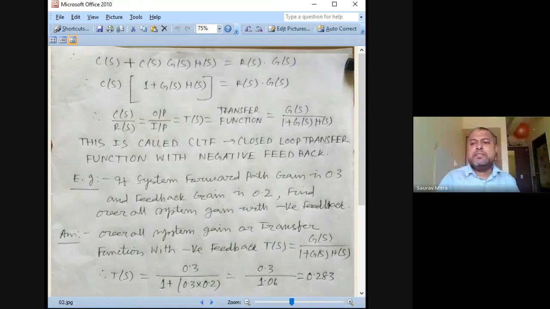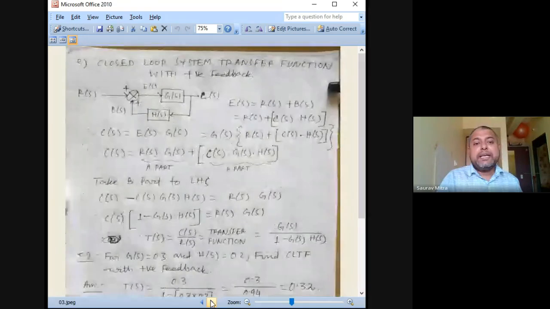So G by 1 plus GH is 0.3 divided by 1.06, which comes down to 0.283. The argument is that initially without feedback the gain was 0.3. With closed loop negative feedback, it has come to 0.283. So closed loop negative feedback is reducing the gain and increasing the stability.